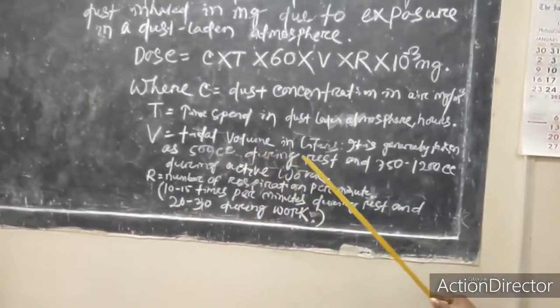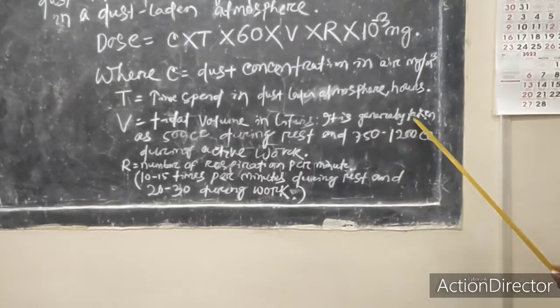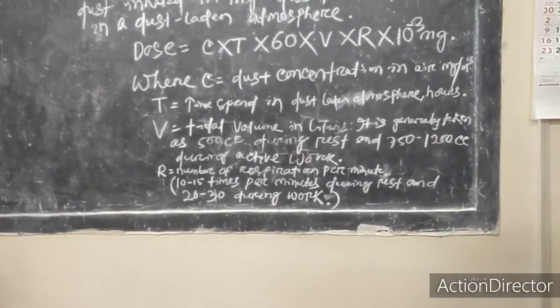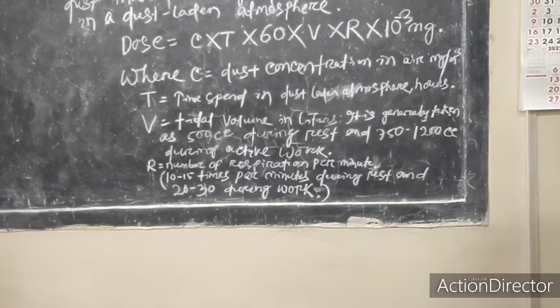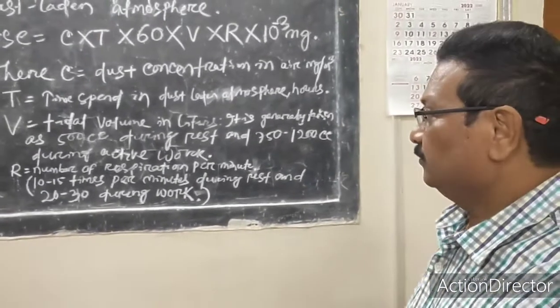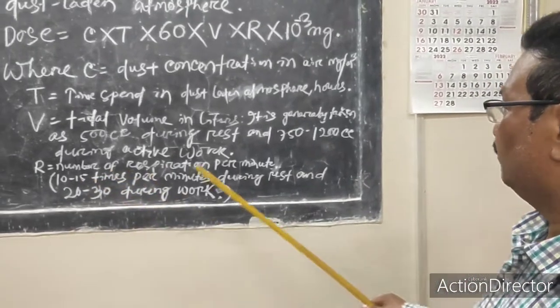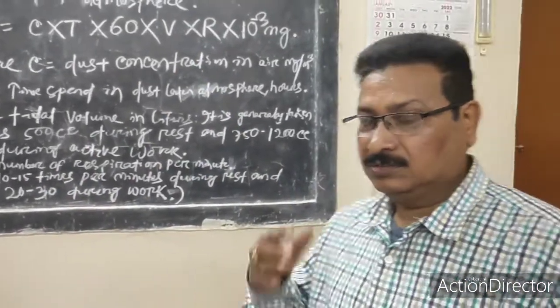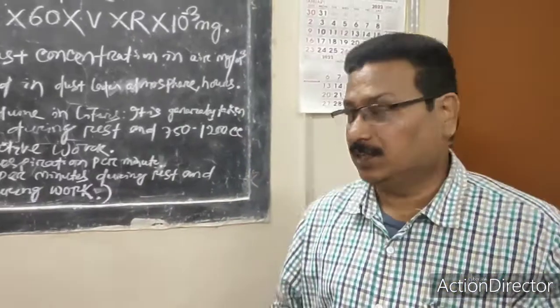So tidal volume, it is generally taken as 500 cc during rest and 750 to 1200 cc during active work. R is the number of respirations per minute. So per minute, what is the cycle?